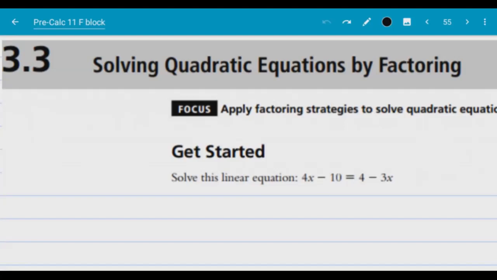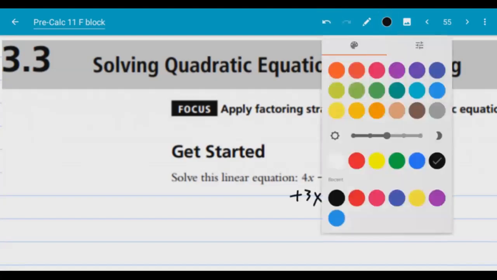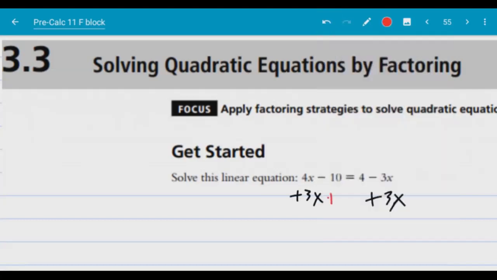Instead of moving the 4x to the other side, which would make it negative 4x, I will just keep it there and then move this one to here, to make it positive. So I will add 3x here plus 3x here, and I will add 10 here and 10 here, all right?